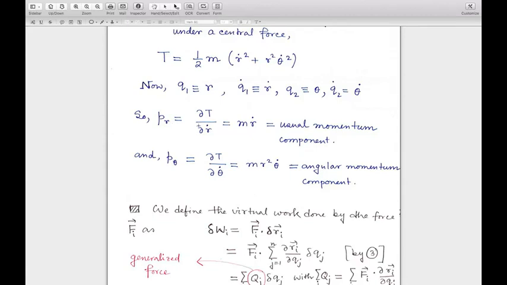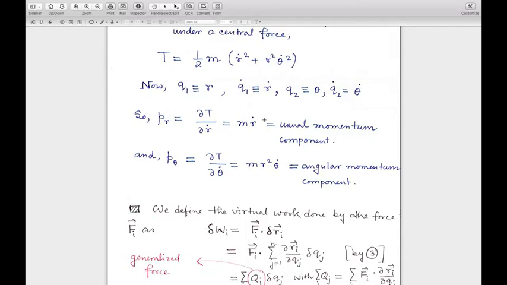Now you can easily understand that this P_r has a direction, and this P_theta has a direction. Both these directions are not really the same kind. For example, the direction of P_r is r cap, isn't it?